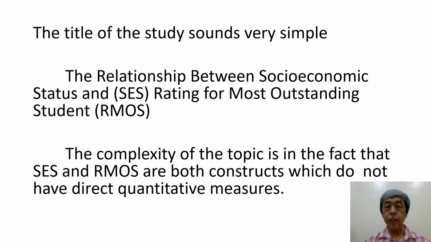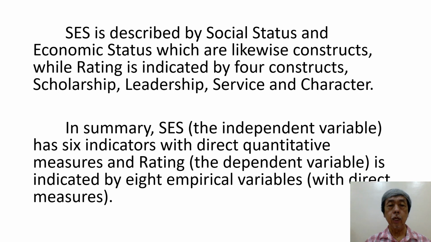The complexity of the topic is in the fact that socioeconomic status and rating for most outstanding student are both constructs which do not have direct quantitative measures. Socioeconomic status is described by social status and economic status, which are likewise constructs, while rating is indicated by four concepts: scholarship, leadership, service, and character.